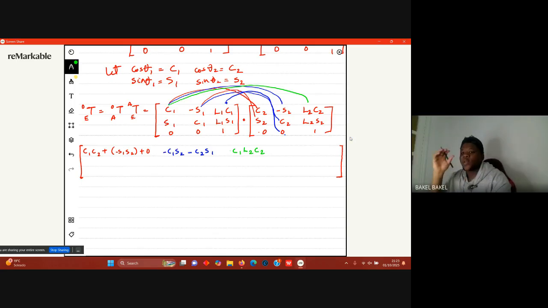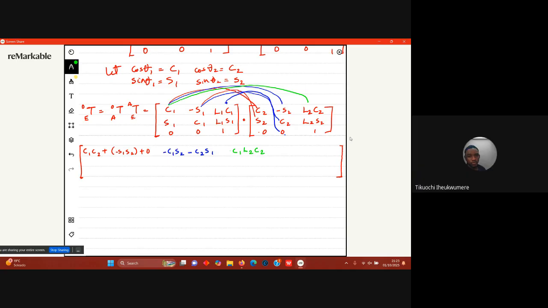The very first row, first column, right? First row, first column: C1 C2 minus S1 S2. Okay, yeah, correct. I'm missing it.